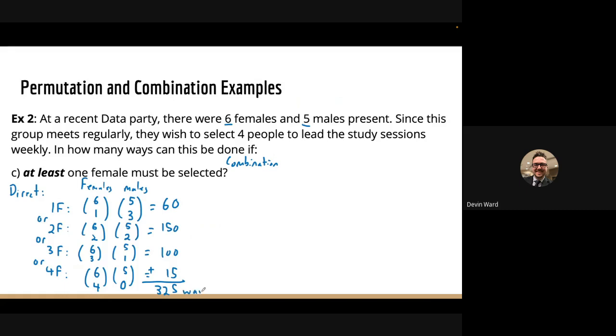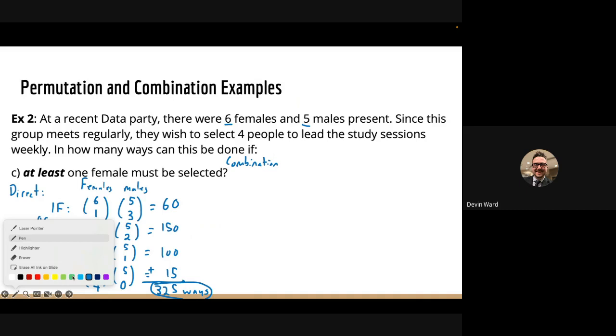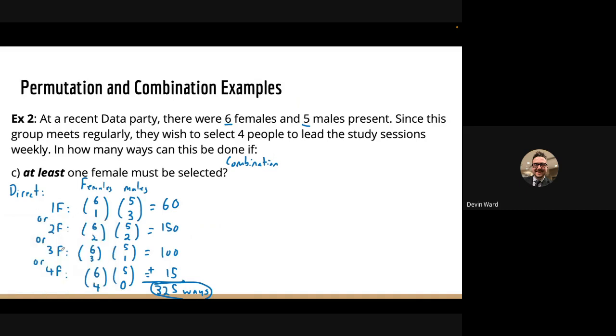So there are 325 ways that we can have at least 1 female on the committee. Okay, so that's the direct method, which if you find this easier, you just see when there's 1, when there's 2, when there's 3, when there's 4. It's totally okay if you do the direct method.